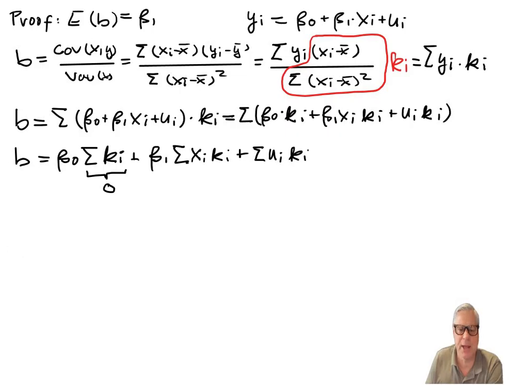So let's move to the next one. So we have here beta 1 times the sum of xi times ki, but I put that again in front, so we can write beta 1 times 1 over the variance of x.